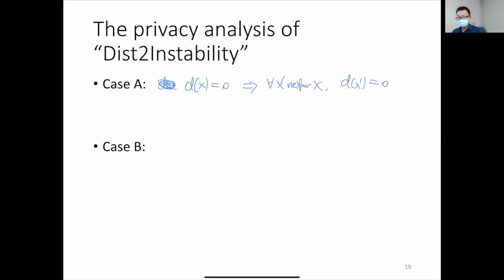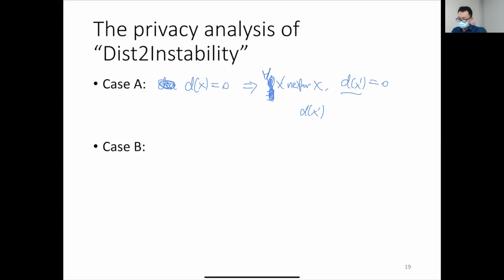Why is that the case? So let's try calculating this d of x prime. So d of x prime is the closest that you get which changes your f. Is it exist a neighbor x prime such that... wait, actually it's any neighbor.